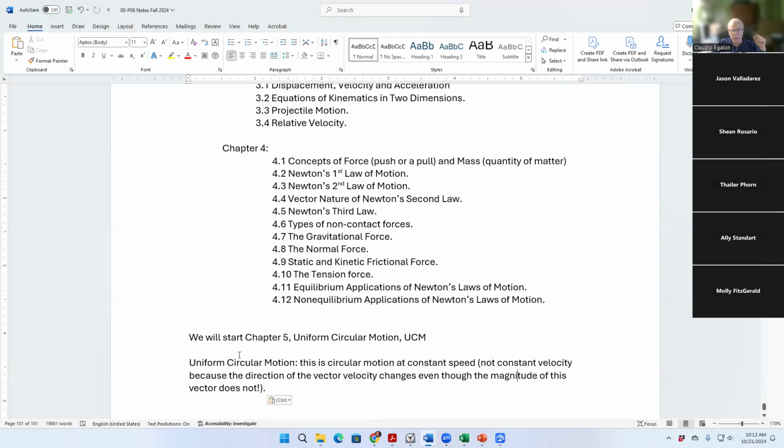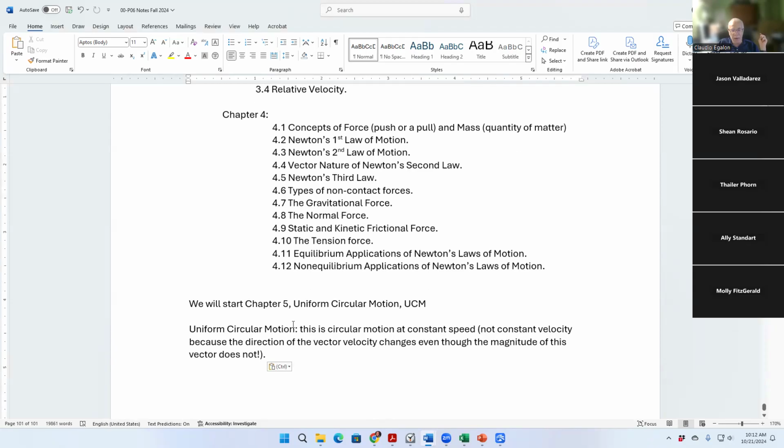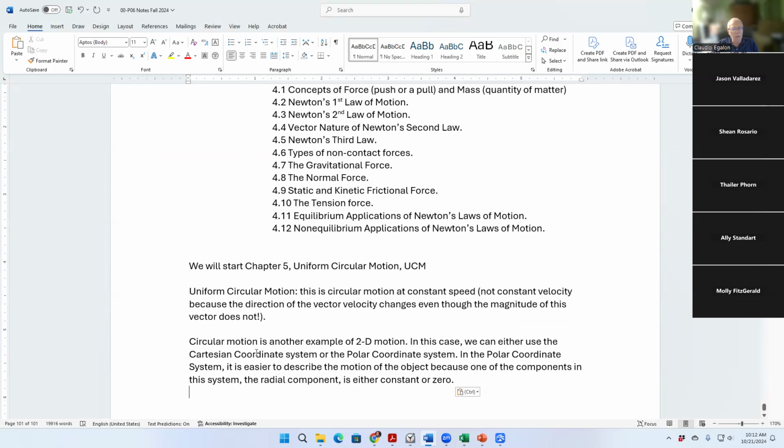It's not changing magnitude, but it's changing direction. And circular motion is just another example of 2D motion. We saw some types of 2D motion before, and now we are going to see another type of 2D motion.